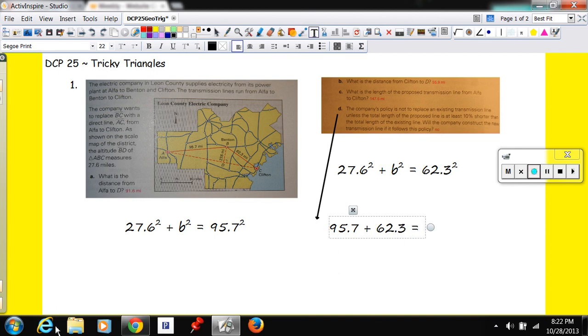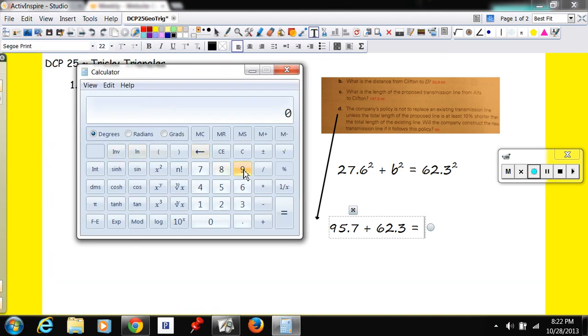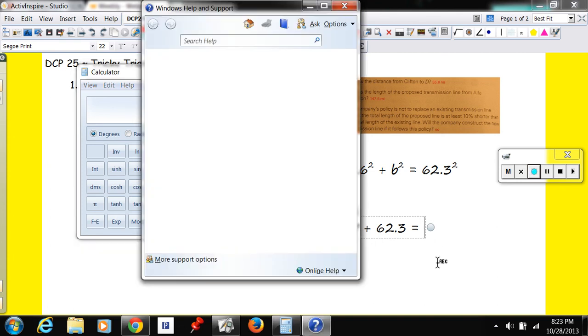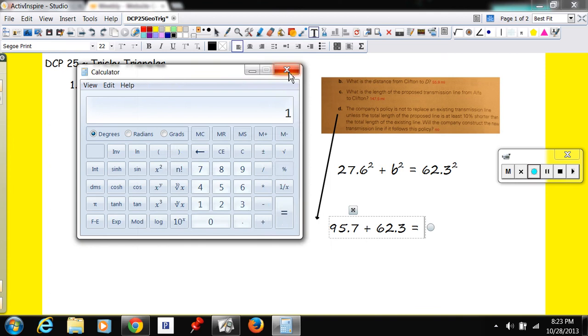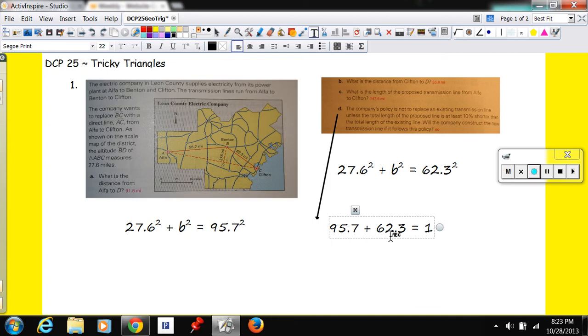Let's use our calculator: 95.7 plus 62.3, and it's 158 even.